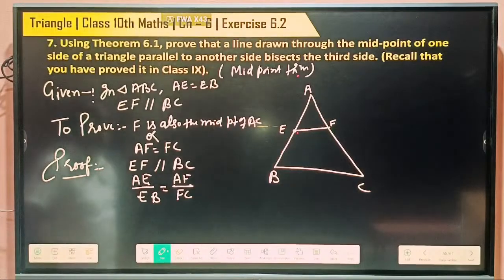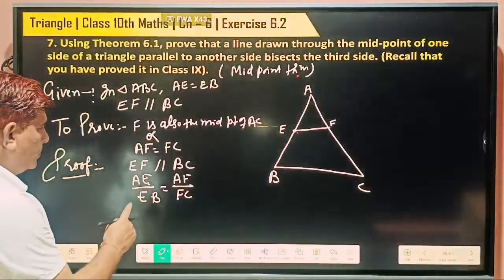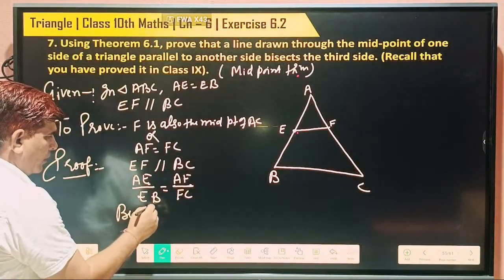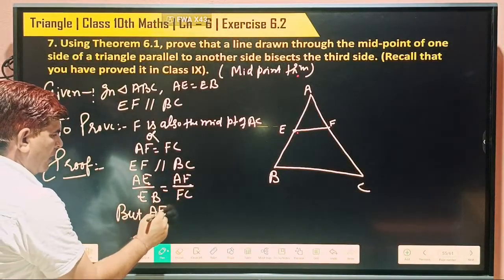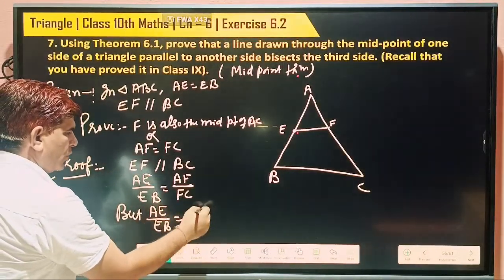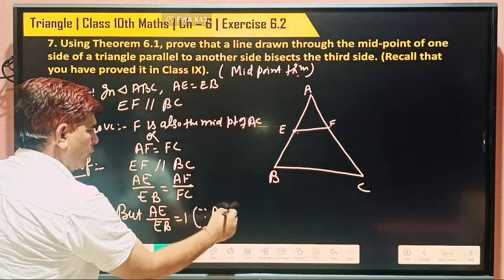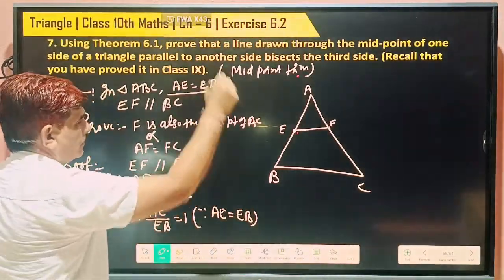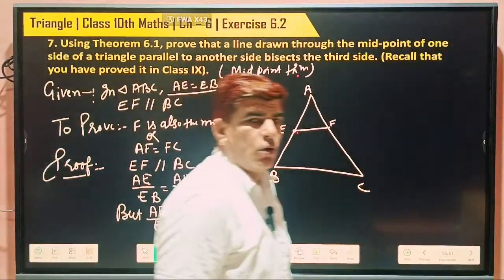Saying or not saying? So, AE by EB equals 1 because AE equals EB, which is written here. Yes or no?